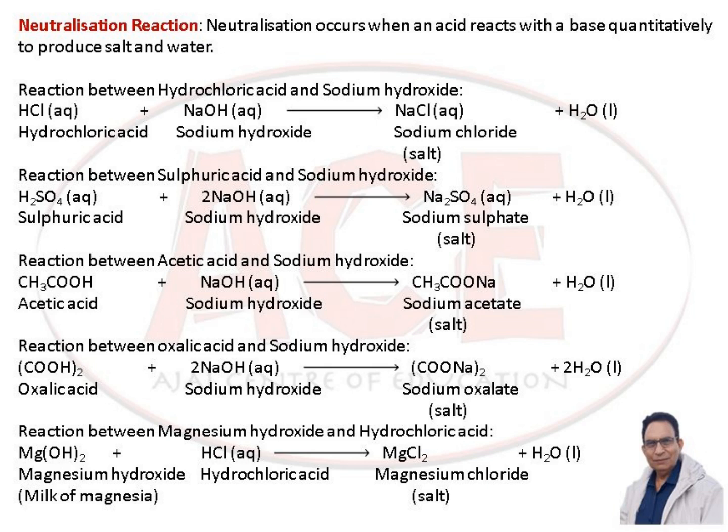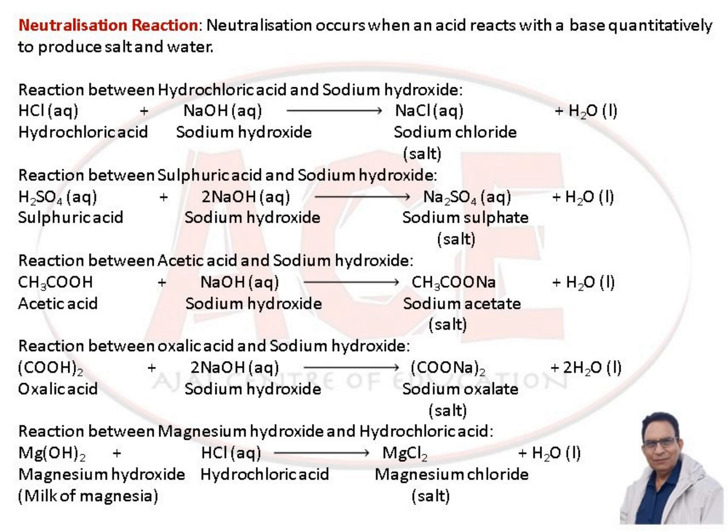Reaction between acetic acid and sodium hydroxide. Acetic acid, CH3COOH, reacting with sodium hydroxide, NaOH, gives sodium acetate, that is CH3COONa, plus water. Reaction between oxalic acid and sodium hydroxide.